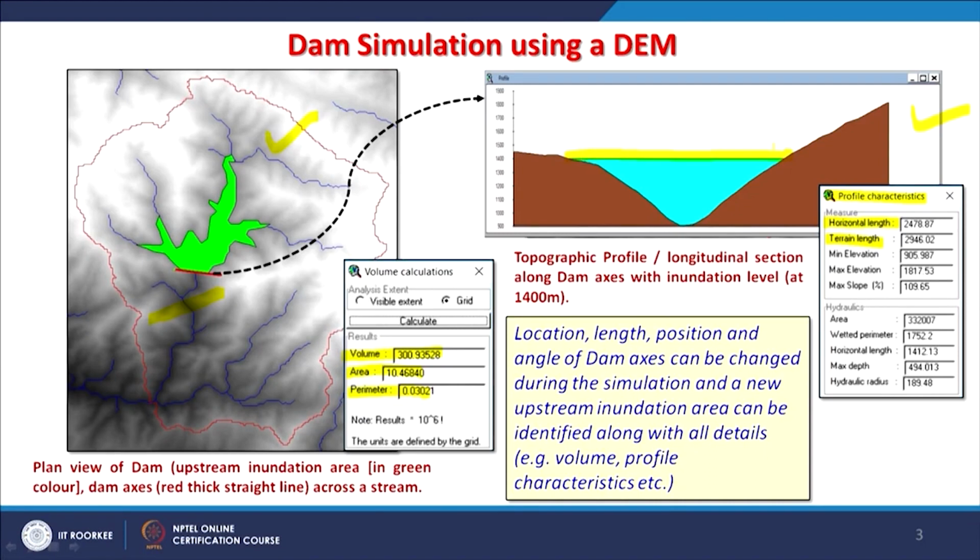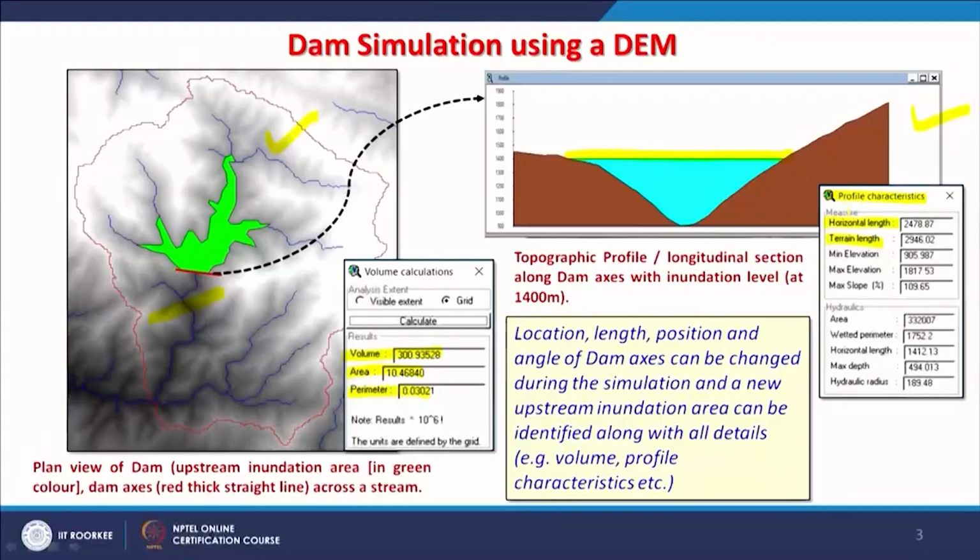Recall the discussion we had about the planimetric length and the terrain length. Similarly here, the horizontal length is the planimetric length and the terrain length is this one. So, obviously, terrain length will always be more than your planimetric length. The same would be true with the perimeter also.